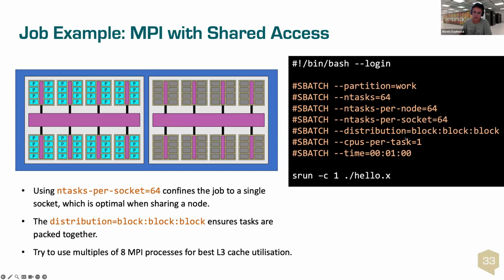We are not putting exclusive, and these settings are only asking for 64 cores. So you are not going to be charged for the whole node, only for this partial use of the node because you are not asking for it. So this is your charge. This is your assignment. Your job will run only here. This is a space available for other jobs to run.